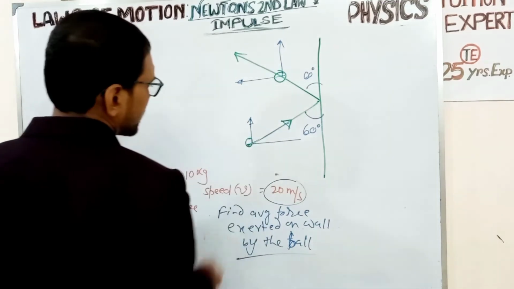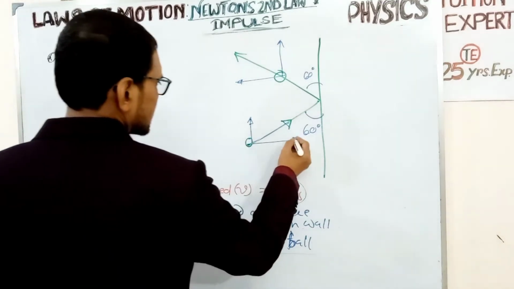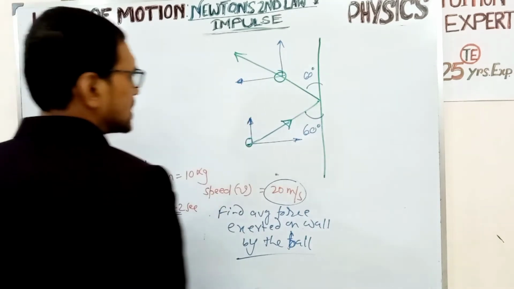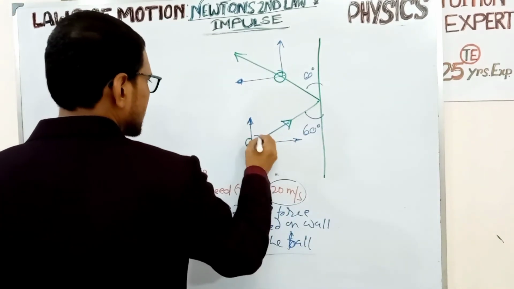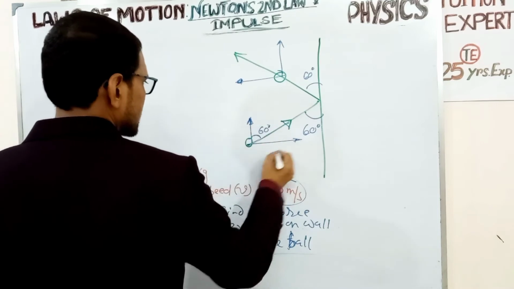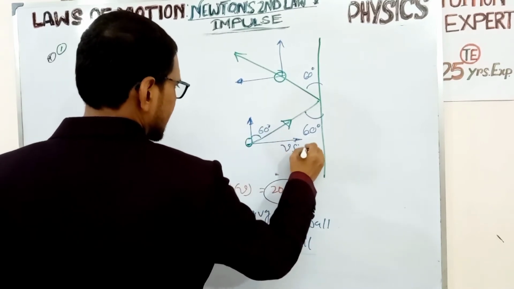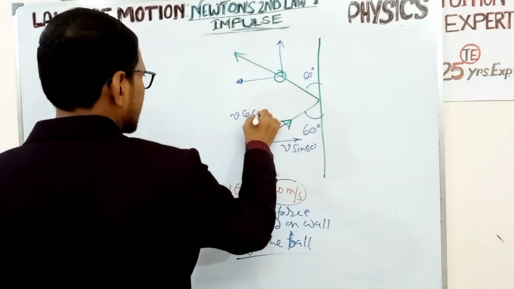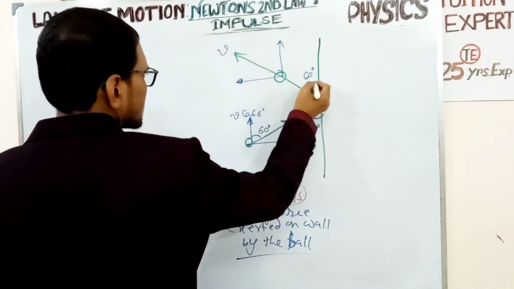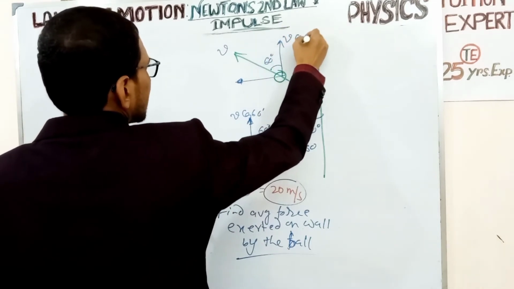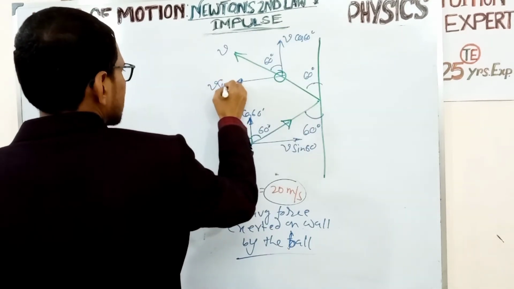Here we have to resolve the velocity along two directions, horizontal and vertical. If this angle is 60 degrees, then we get this as 60 degrees. So this component will be V sin 60 degrees and this is V cos 60 degrees. Again this is V, so this is V cos 60 degrees and this is V sin 60 degrees.